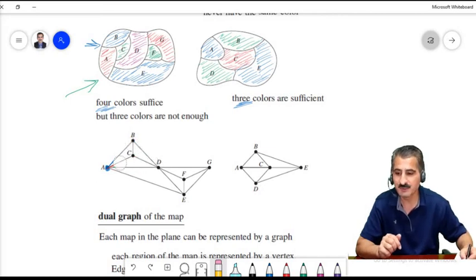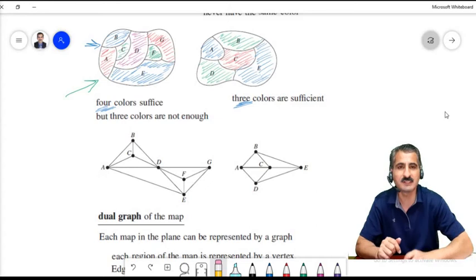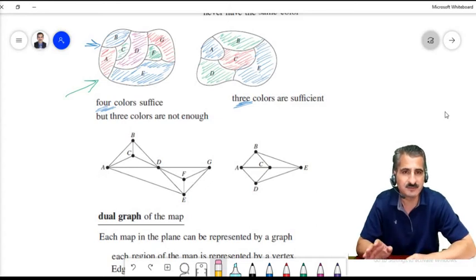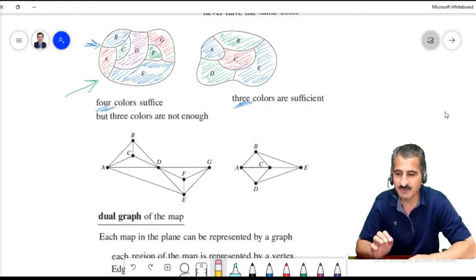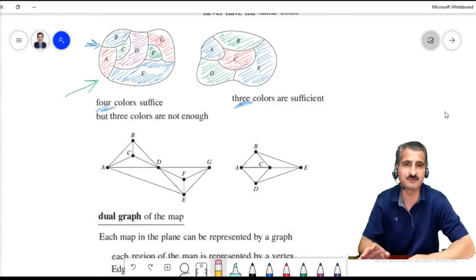We were asking if we can color the regions, and now regions are represented by vertices. So the question is whether we can color the vertices of the graph so that no two adjacent vertices take the same color.